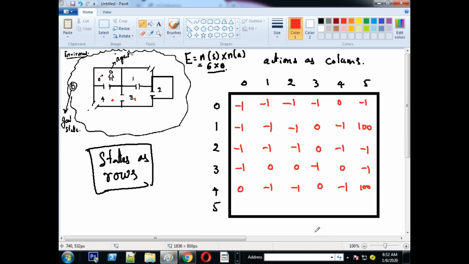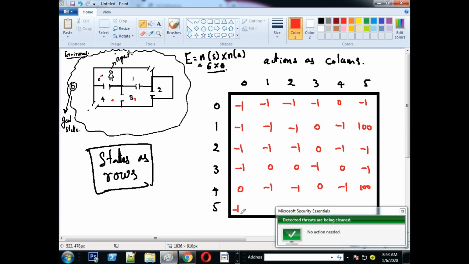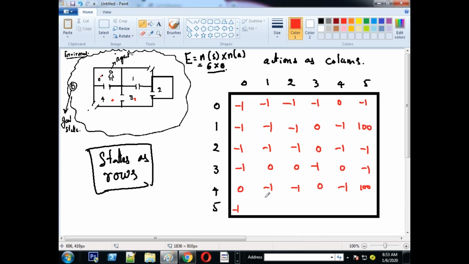The last: think that already you are out of the jail. 5 to 0. Minus 1, no vacancy. 5 to 1. Vacancy is there, that's why 0. 5 to 2. 5 to 3. 5 to 4. 5 to 5. 100, not minus 1.